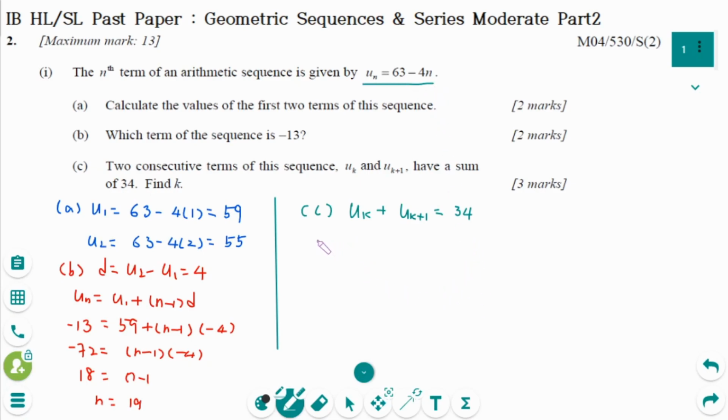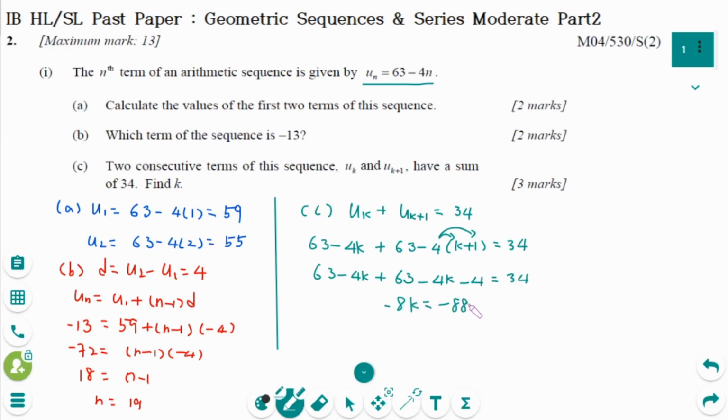So Uk equals 63 minus 4k, and Uk plus 1 equals 63 minus 4 times (k plus 1). 63 minus 4k plus 63 minus 4k minus 4 equals 34. Then minus 8k equals minus 88. So k equals 11.